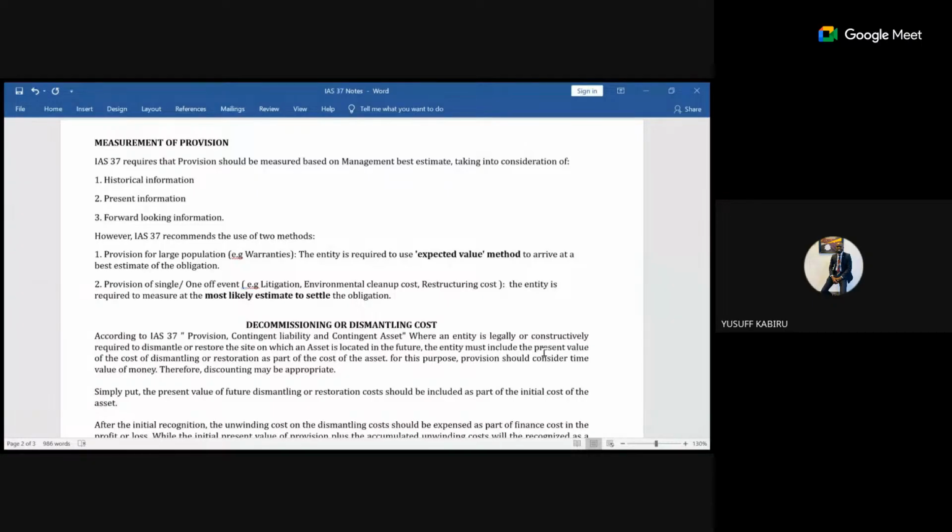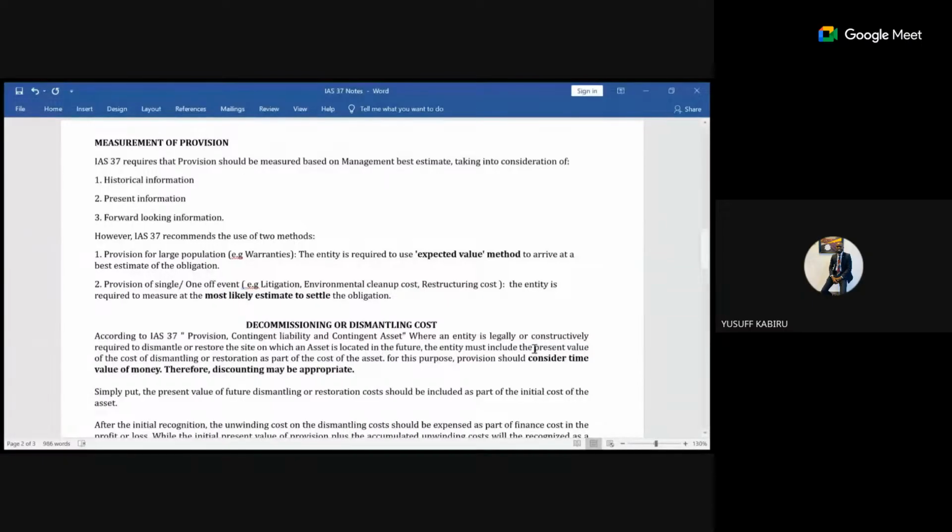For this purpose, the provision should consider time value of money. Do you remember I said earlier that this decommissioning cost is a cost you will incur in the future? So you must consider time value of money, which is discounting. Whenever we have a provision in the question, we must discount to present value.